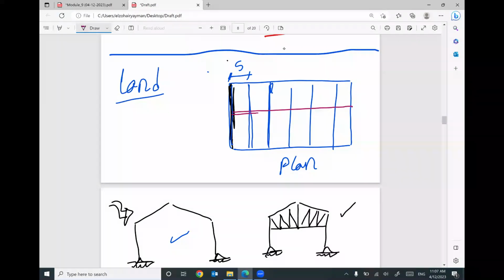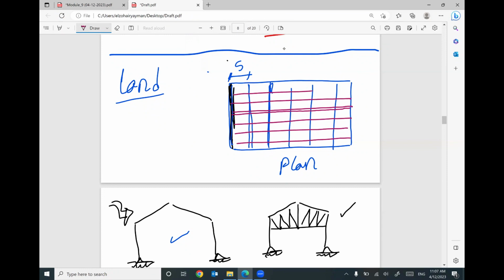Make sure we have two adjacent purlins here. Then purlins will be repeated maybe every 5 feet, 6 feet, whatever, and this purlin will be located here. That makes sense? We learned it before, probably 2 weeks ago, how to design purlin.